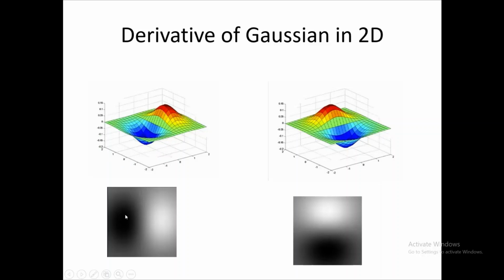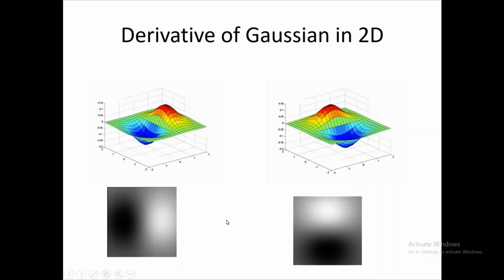Zero values are represented by the gray pixels, and negative values are represented by the black.